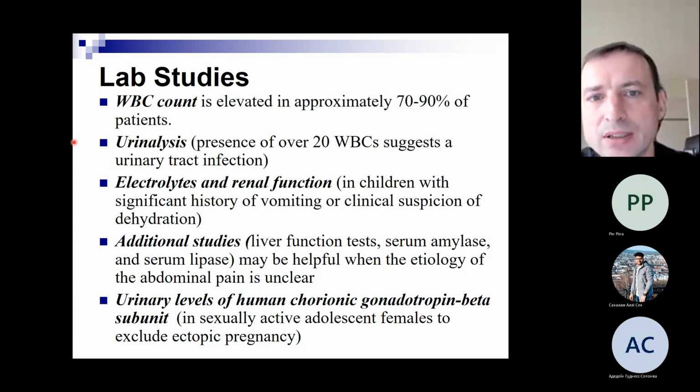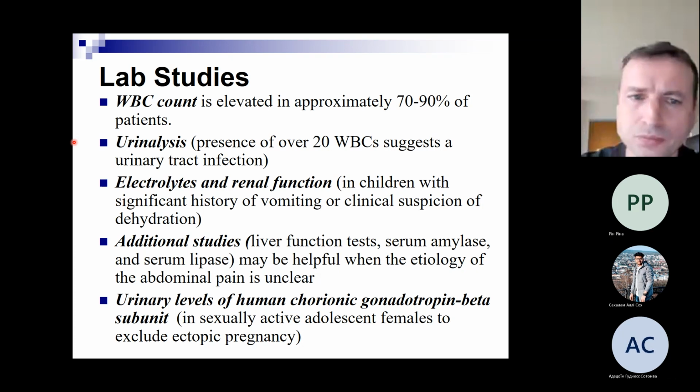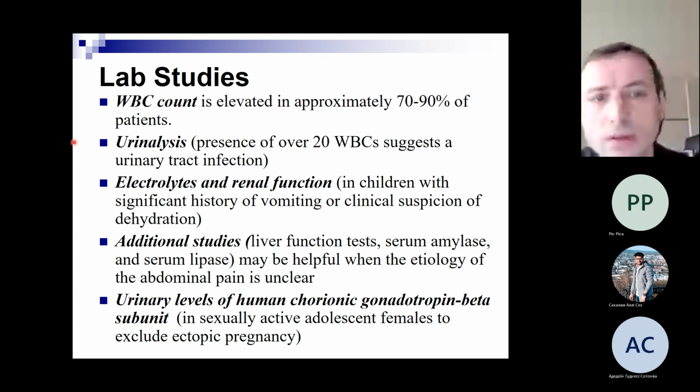Other analyses, such as urinalysis, electrolytes, serum lipase, or bilirubin, we use for the diagnosis of acute appendicitis. In urinalysis, the presence of over 20 white blood cells suggests a urinary tract infection.